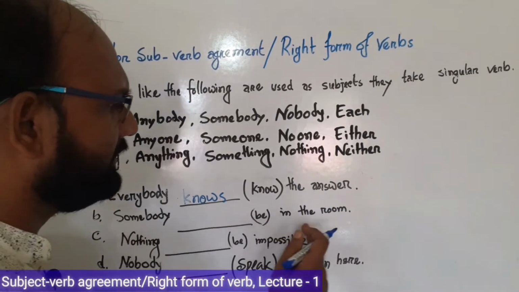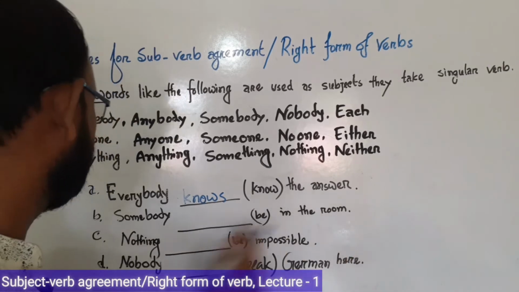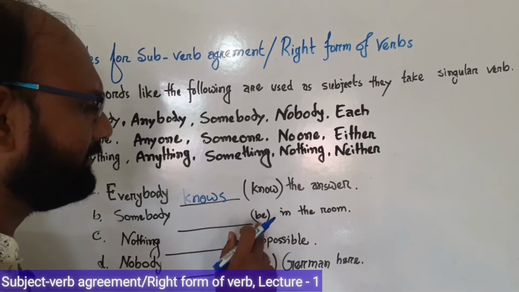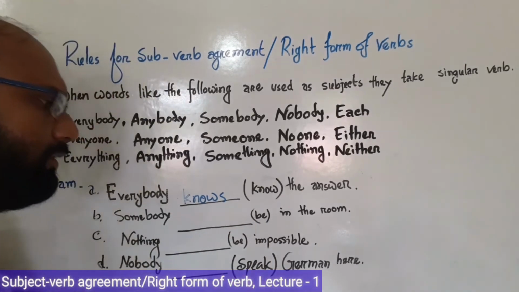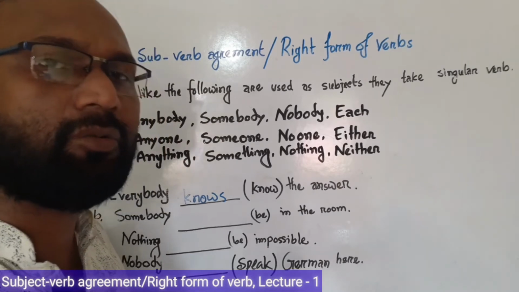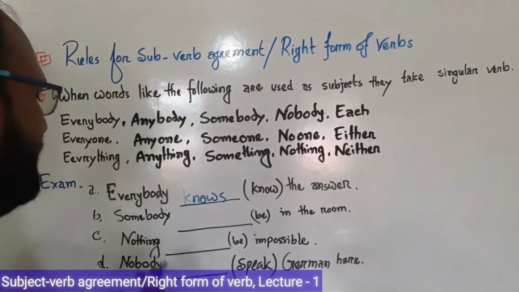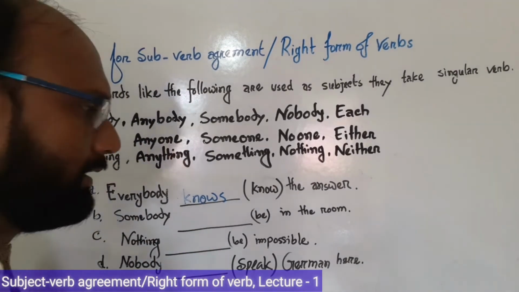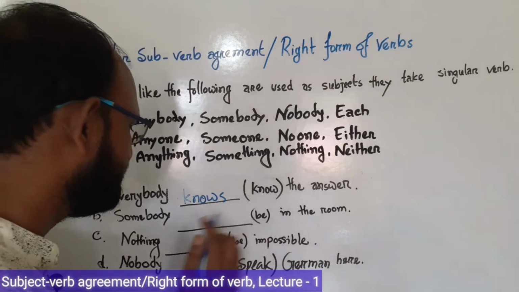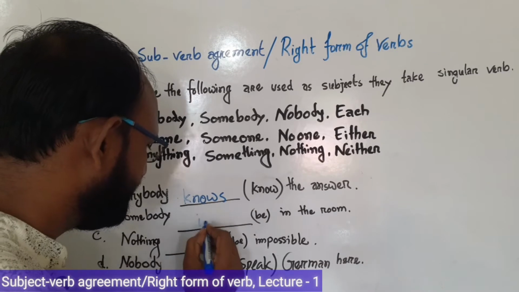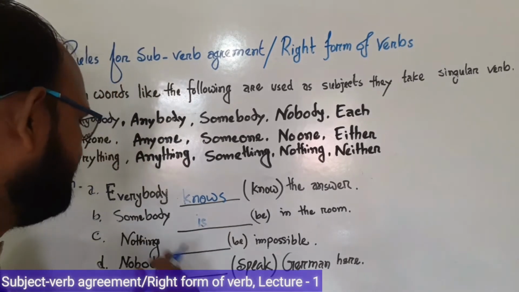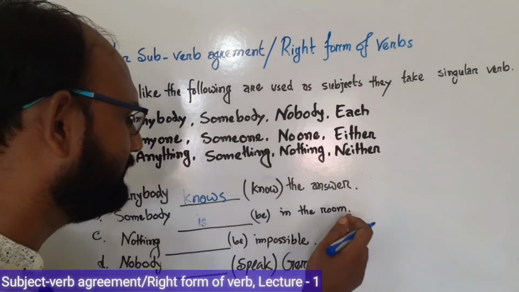B: Somebody dash in the room. In the bracket is the word be, so after somebody we will use the appropriate form, is, a singular verb. Somebody is in the room.